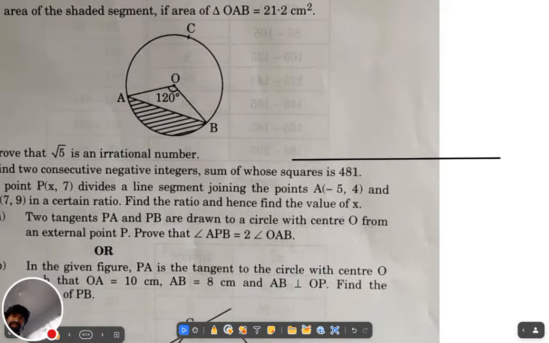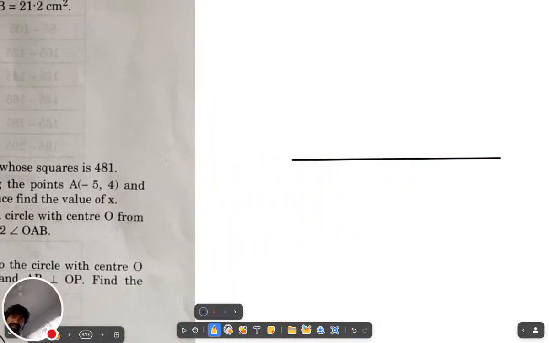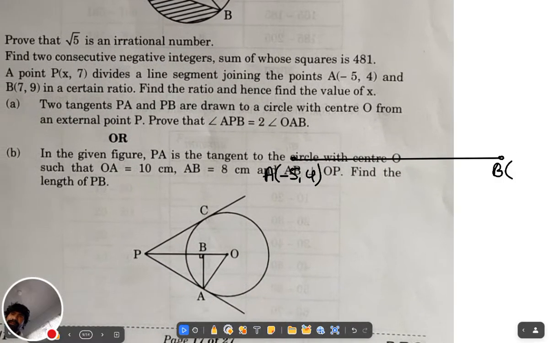So what are the endpoints of the line segment? The A coordinates are (-5, 4). Next, the B coordinates are (7, 9).